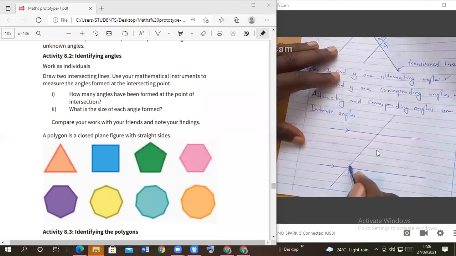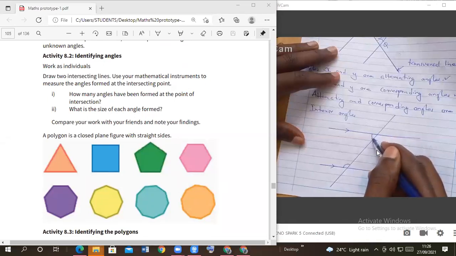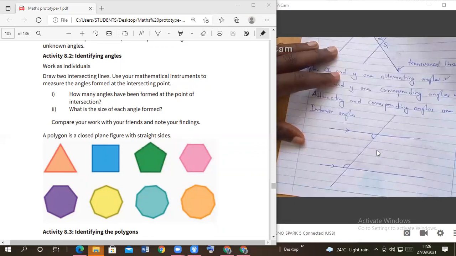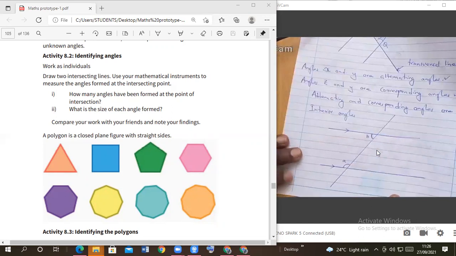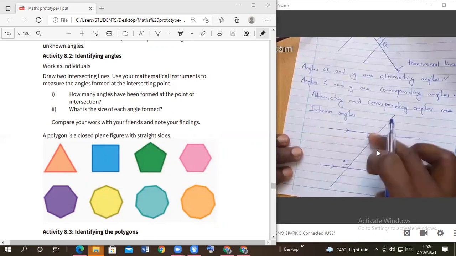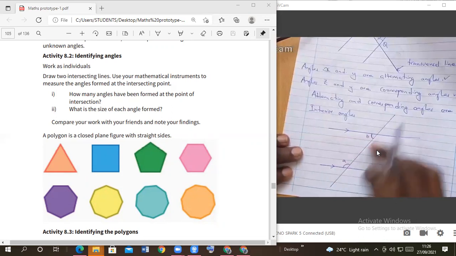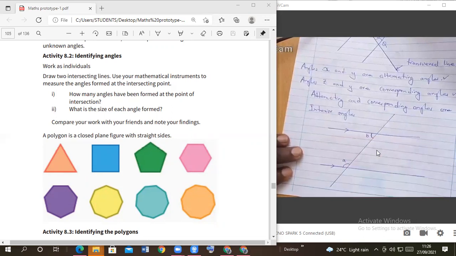Now let's look at these two angles here. Let's say this is angle A, and this is angle B. What are these angles? Is it alternating?